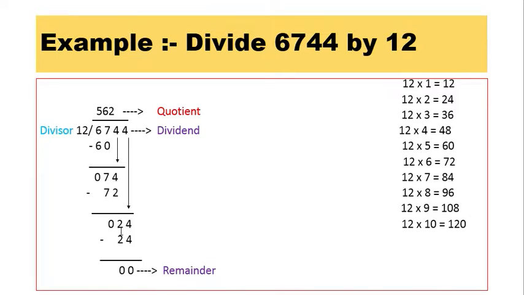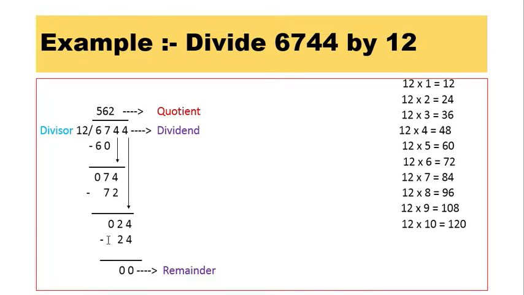2 is less than 12. So we take the next digit, 4. 4 comes down, making 24. Can we find 24 in 12's table? Come on, look here. Yes, we can find it: 12 multiplied by 2 is equal to 24. 12 2s are 24.